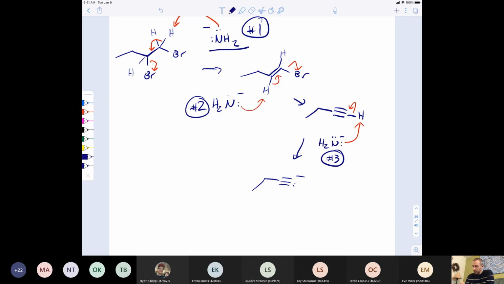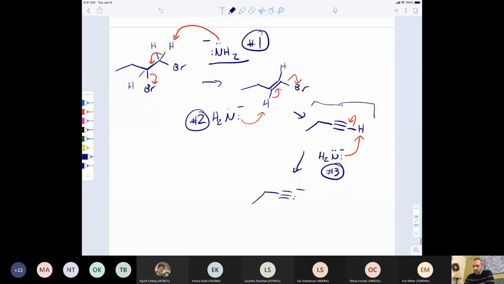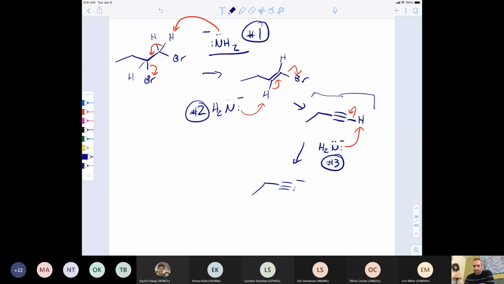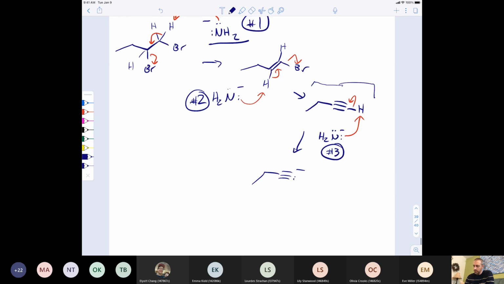You only need the third equivalent if it's a terminal alkyne. And you might say, well, why don't you just add 2 equivalents and have it stop there and not take off that last hydrogen? The problem is acid-base reactions are fast. So once you do the first 2 eliminations, the third one happens immediately. What would happen if you added 2 equivalents is you would get this and you'd get a 66% yield, and then you'd have 33% starting material. So that's why you have to add all 3 equivalents.